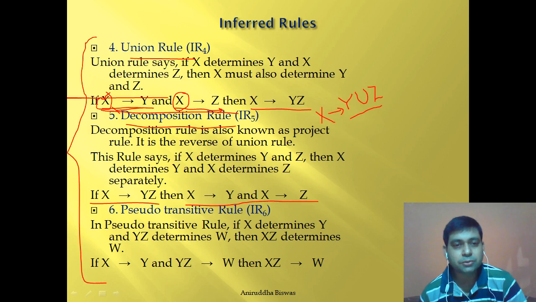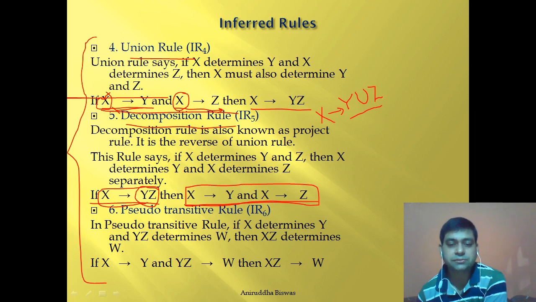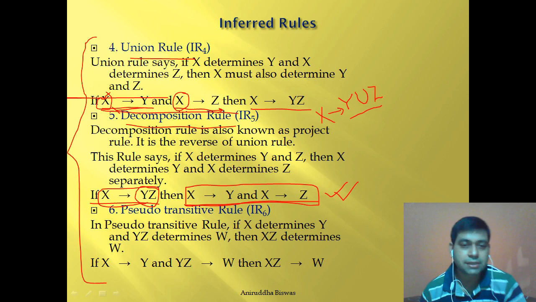And a decomposition rule is known as project rule as well. So from this composite functional dependency x determines yz, we can separately, or in decomposition, we can write x determines y as well as x determines z. So this is just reverse of union rule. Okay, or it is called as decomposition or project rule.